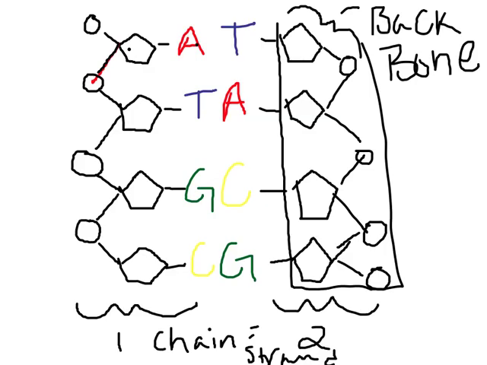Now the code on the DNA molecule is written in the order that we put these A's, T's, G's, and C's. Remember on the last slide, I just made a random strand of DNA, and the order of these bases in the DNA molecule is going to determine the code. Because every other part of the nucleotide stays the same, the only thing that changes is which bases we put in which order.